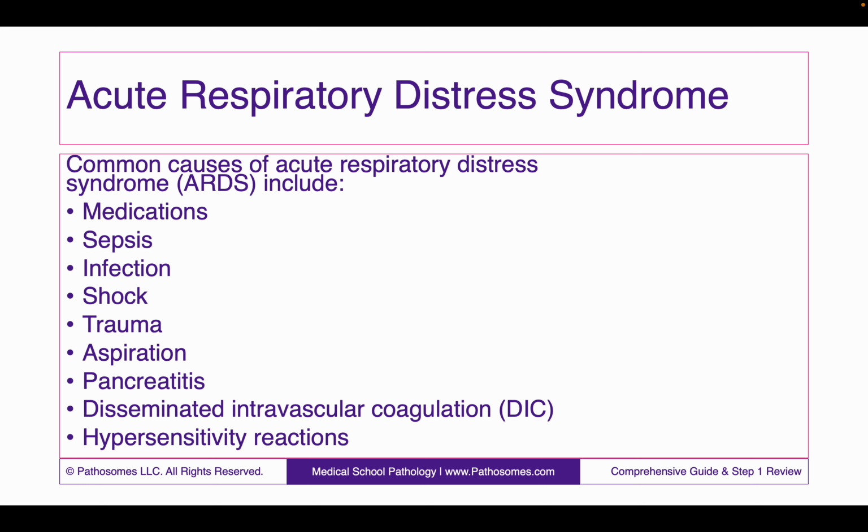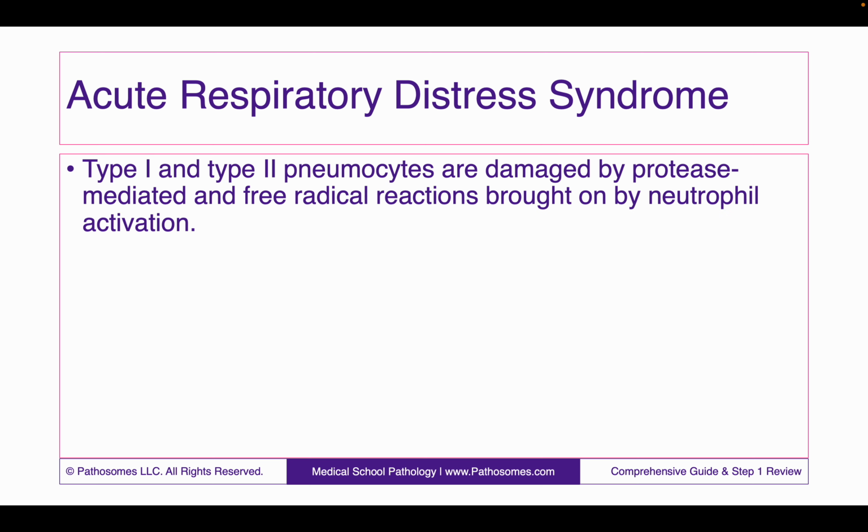So these patients that present with this will need an extensive workup to figure out the etiology. Now, type 1 and type 2 pneumocytes are damaged when acute respiratory distress syndrome is occurring. These cells are damaged by protease-mediated and free radical reactions brought on by neutrophil activation.